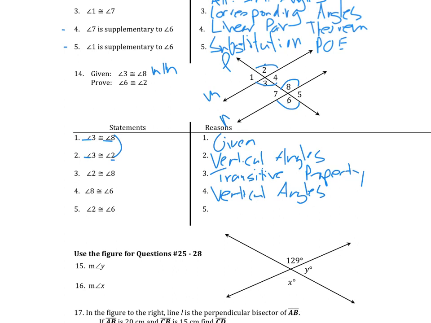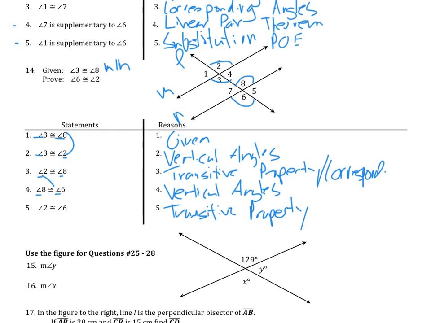And then 2 is to 6. Again, we said 2 is to 8 as 8 is to 6. So then 2 is to 6 because of transitive property. Now in step 3, you could also use corresponding as well for that one.